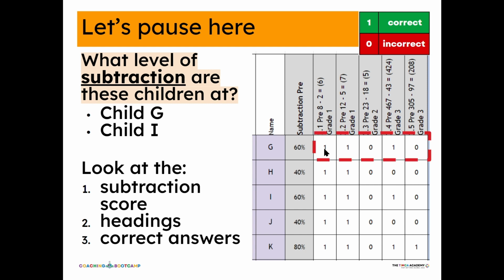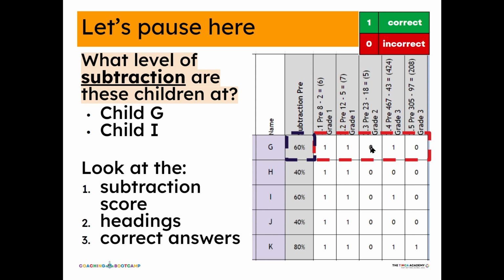So the correct answers are question 1, question 2, question 4. So they've got 3 out of the 5 correct. Okay. So what does that tell us about this child? Interesting, isn't it? So perhaps they got grade 1 questions correct.